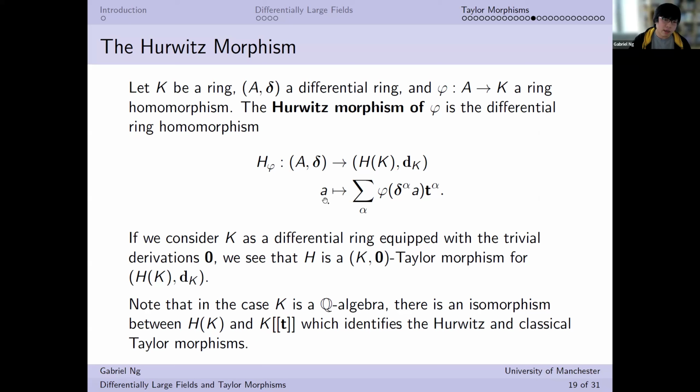And it takes an element a to the series where the coefficients are given precisely by the derivatives of a via this morphism phi. And you'll notice there are no denominators to divide by now. We have essentially just encoded the jet of a in the coefficients of the series. Right?